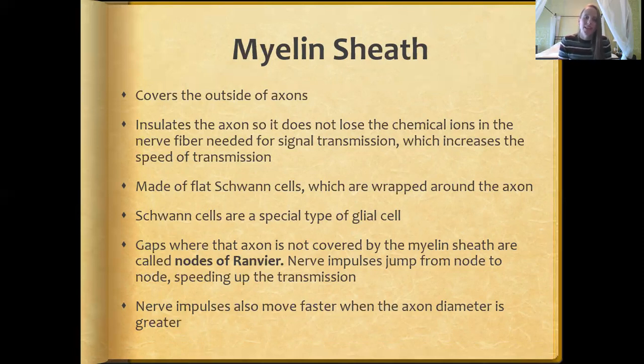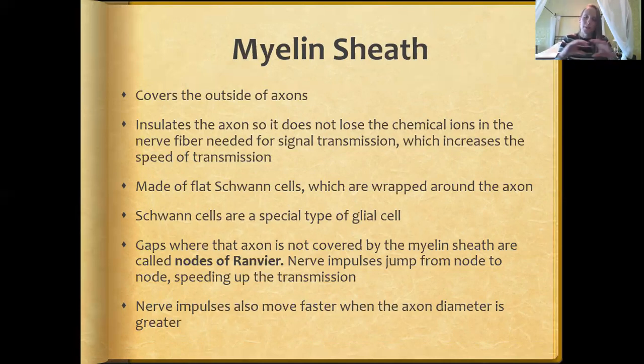The myelin sheath is made of Schwann cells, which are just little flat cells that wrap around the outside of the axon. The Schwann cells are a special type of glial cell, which, if you remember, is the other type of cell in the nervous system, which supports neurons. So this is the Schwann cells' way of supporting the neurons.